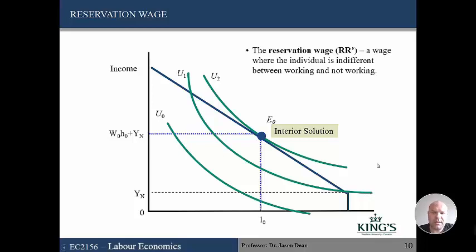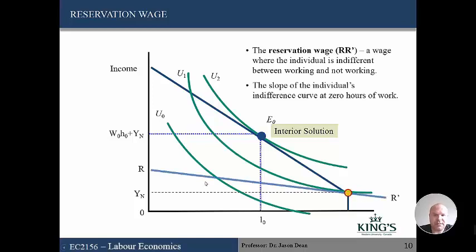So on the diagram, the reservation wage is going to be a line that's tangent to the indifference curve at this point. Okay, and so the slope of that line will be the wage, and that will be their reservation wage.